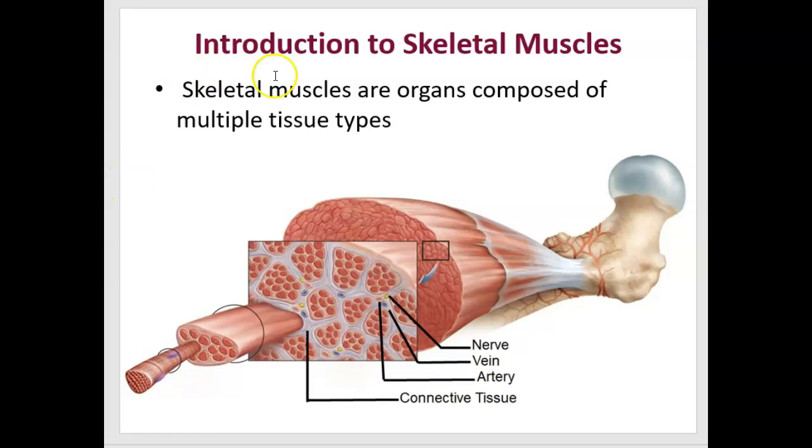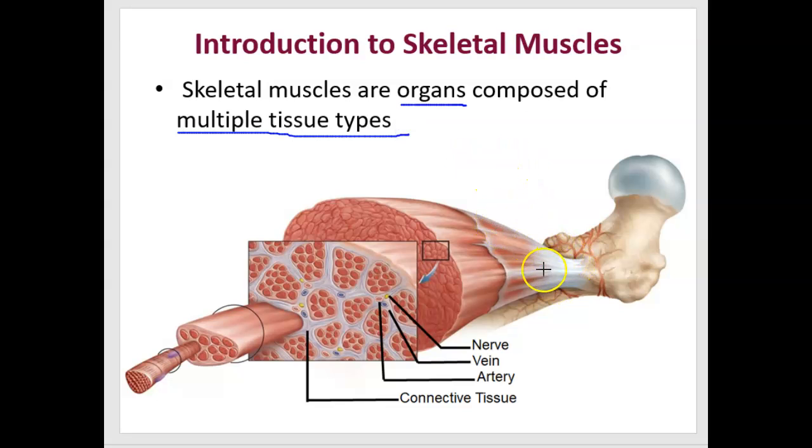So I'm going to take a minute here to introduce you to skeletal muscles, which you're also learning in lab. Skeletal muscles, or whole muscles, are organs because they're composed of many different tissue types, not just skeletal muscle tissue.